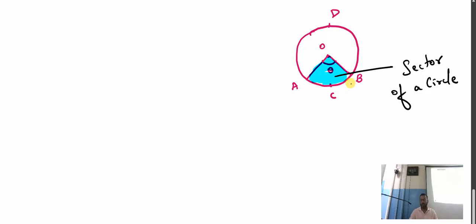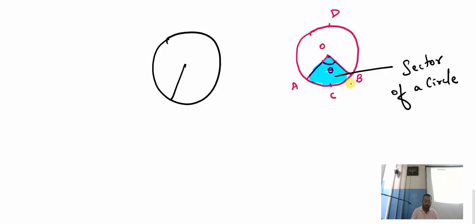We have understood what is the meaning of sector of a circle here. Now, let me say this is a circle. Which region is maximum here? Let me say this is the first region and this is my second region. Which region is maximum and which region is minimum? Small part and bigger part. Let me shade here, just a minute, to make you understand this concept.